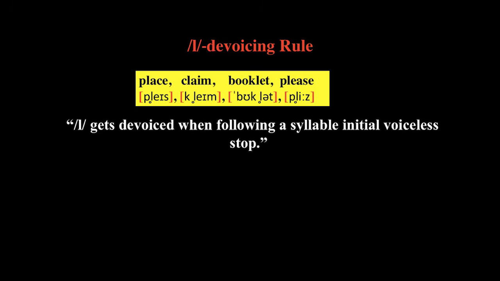A consonant which is plus lateral becomes minus voice when it is word after an initial voiceless stop, and this voiceless stop is defined by these features: minus sonorant, minus continuant, minus voice. And note there that we are putting a syllable boundary before this voiceless stop consonant, which means that this voiceless stop is in a syllable initial position.